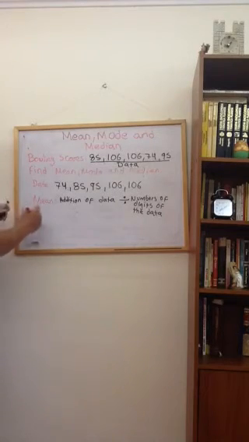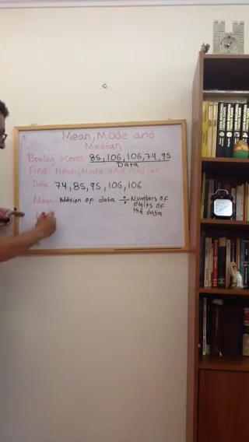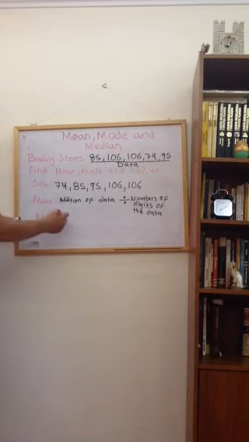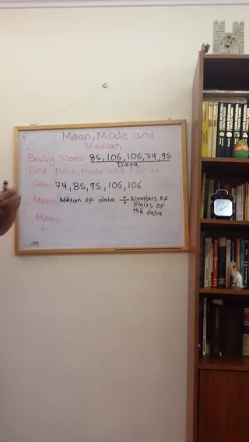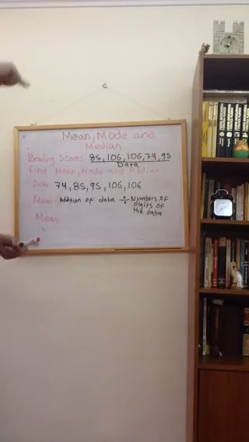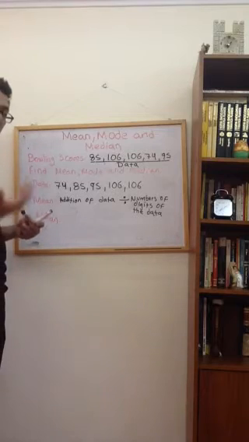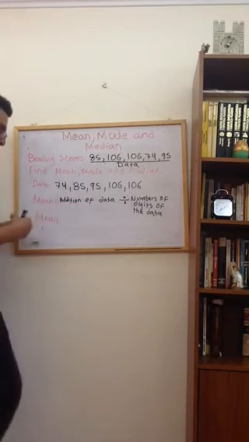So let's continue. Taking that information into account, we're going to see what the addition of the data is. We're going to take this data, which is already organized, and add it. Remember, addition of the data.